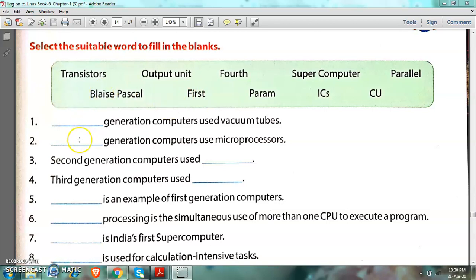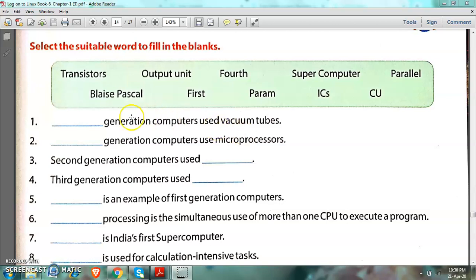Second is dash generation computers used microprocessors. So the computers which we are using in these days, in this time period, that is 4th generation computers, and the 4th generation computers use microprocessors.